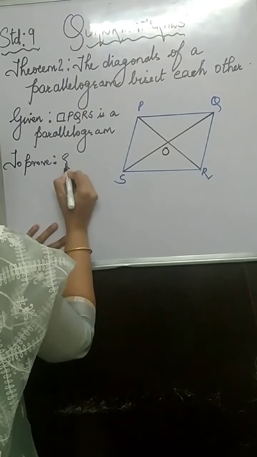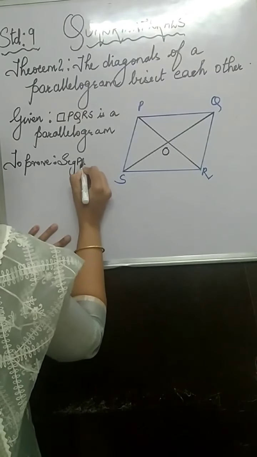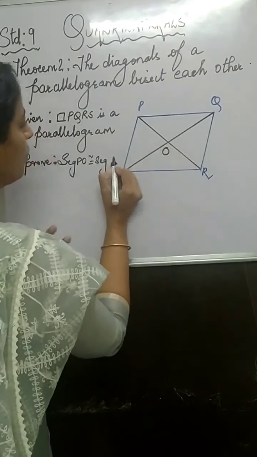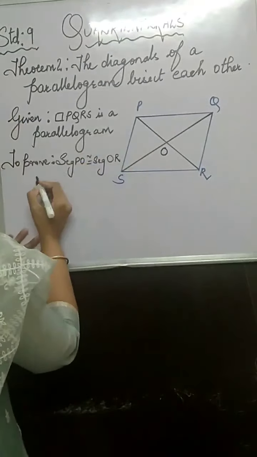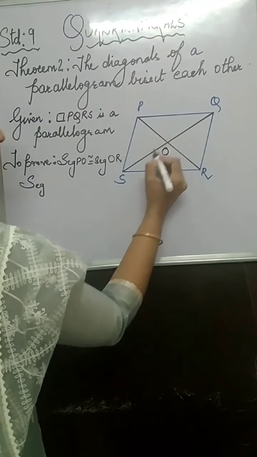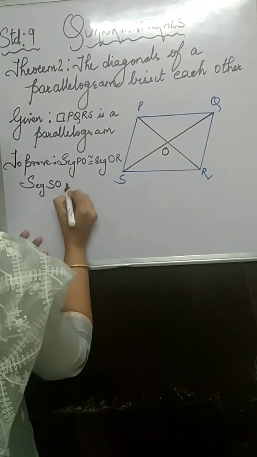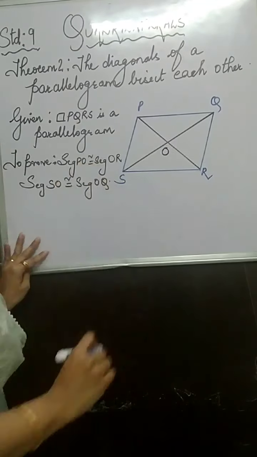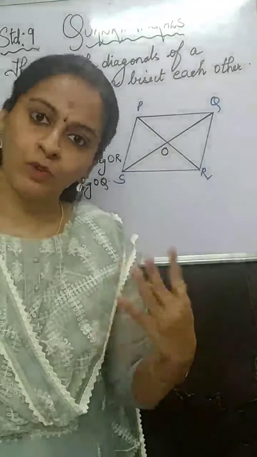That is, segment PO is congruent to segment OR, and second, segment SO is congruent to segment OQ. These are the two things that we have to prove.